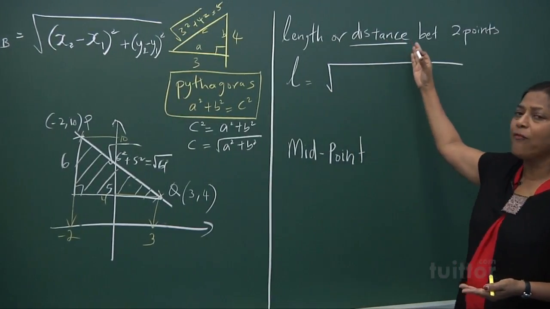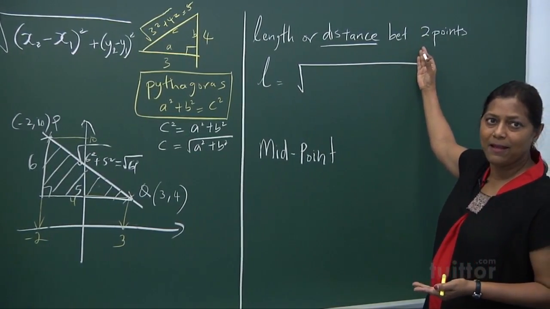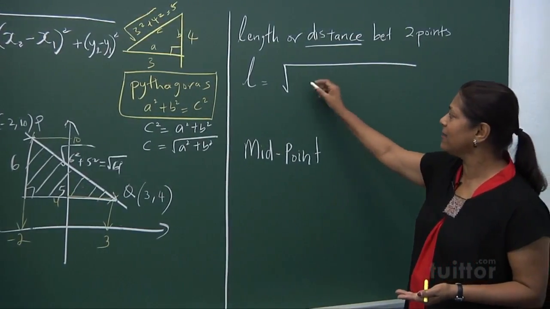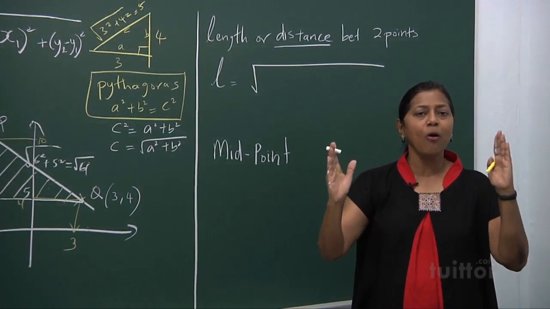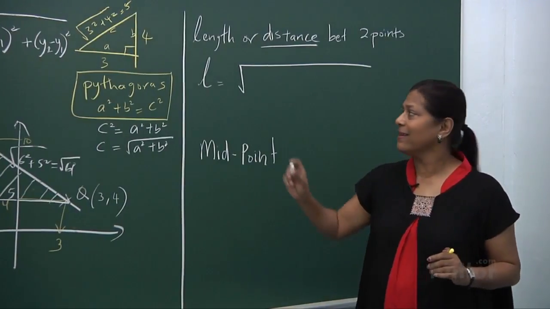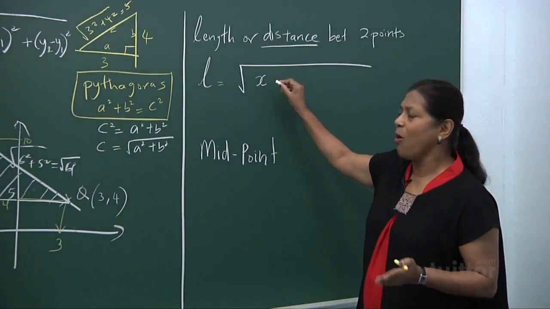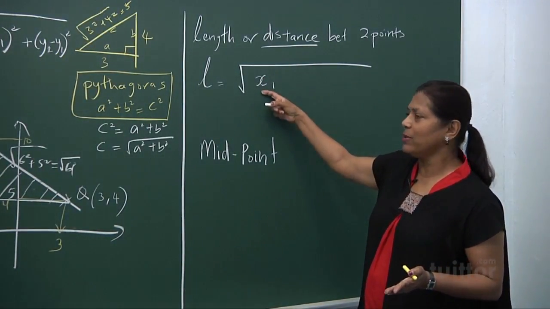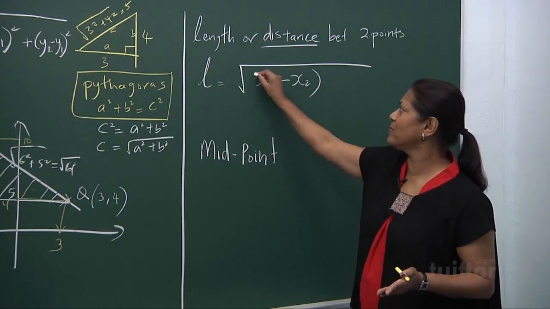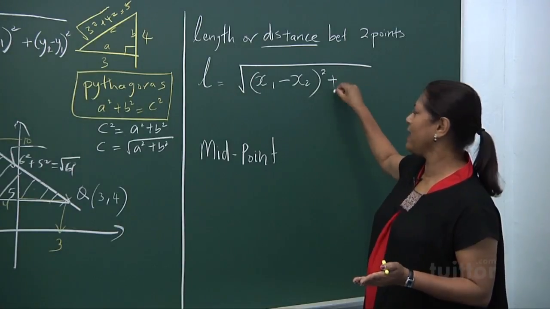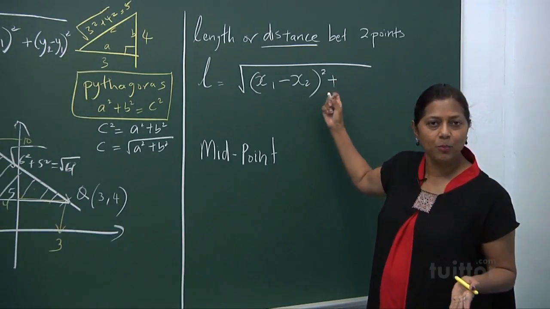The length of a line, AB, as I would like to emphasize, is the distance between the 2 points, the horizontal distance, which is x2 or x1. If you started with x1, then you put x1 minus x2 squared. And here again, what do you write? Do you put y2?